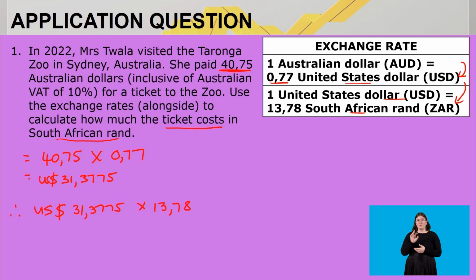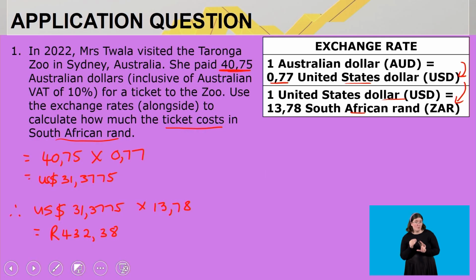So 31.3775 multiplied by 13.78. So that will give us an amount, and remember now it's in South African rand, an amount of 432 rand and 38 cents, rounded off to 2 decimal places. So 432 rand and 38 cents.